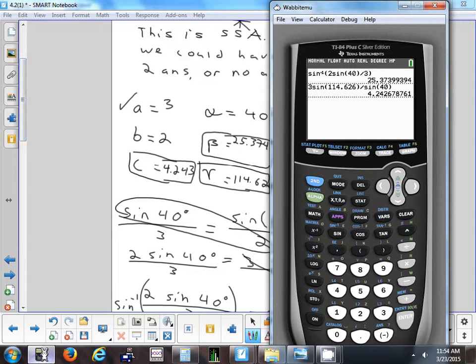All right, if you didn't close it, what it's going to do is take the sine of, and it's going to do 114.626, divide that number by the sine of 40, and then take the sine of it. You get a totally different answer just by accidentally leaving off a parenthesis. So if you're not comfortable with all the parentheses, do the problem one step at a time when you type it in. Okay, just do it one step at a time.